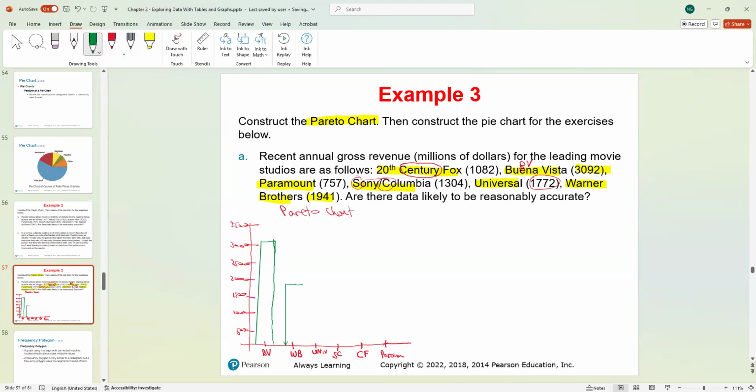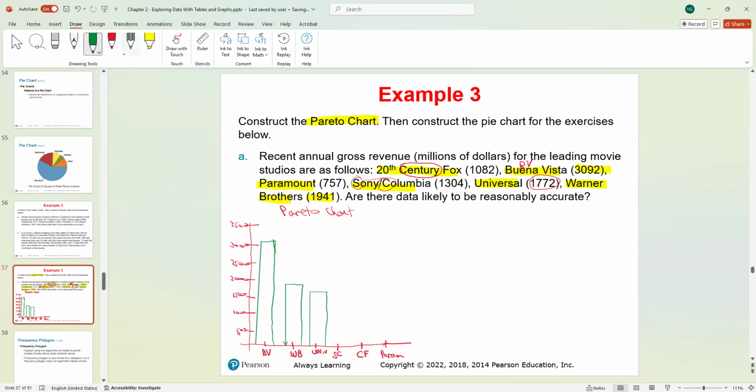My pencil is playing with me. Then Universal is 1772, somewhere up there. Remember, it's going in descending order.